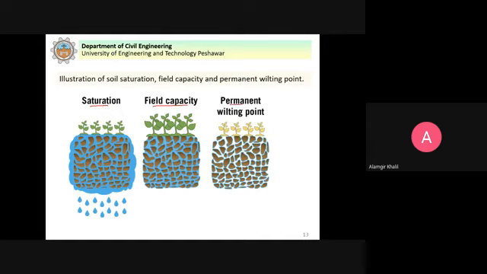And at the field capacity, you can see the plants take up the water and use it for growth, but as the water is used up by the crops, the moisture will decrease, so the moisture will drop to the extent that the water, which is due to adhesive forces, sticks to the soil particles and cannot be easily extracted by the plant. So this is the permanent wilting point.